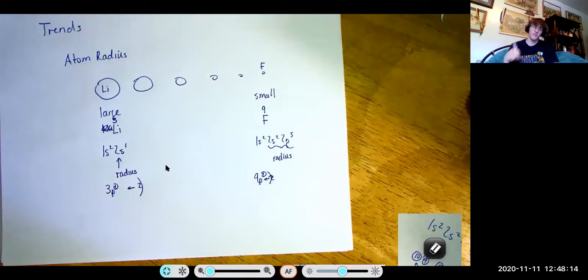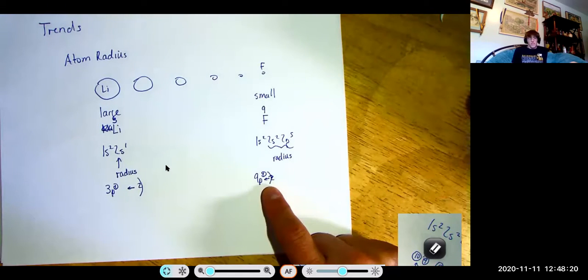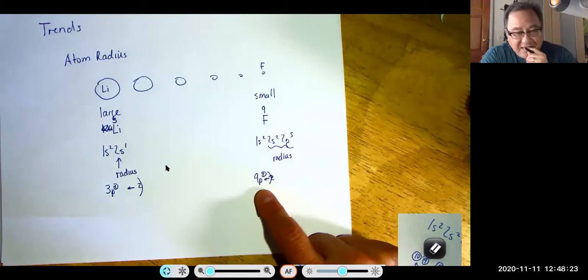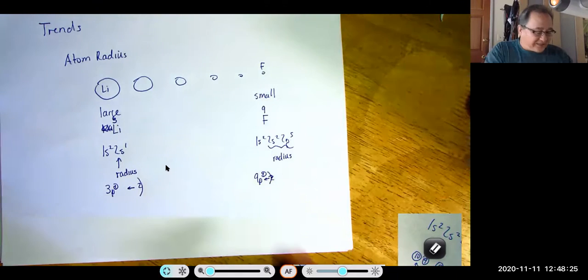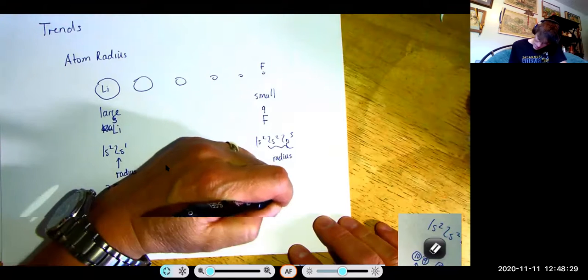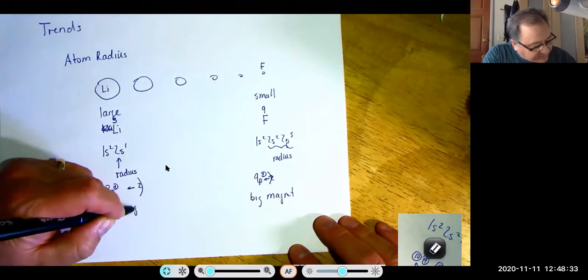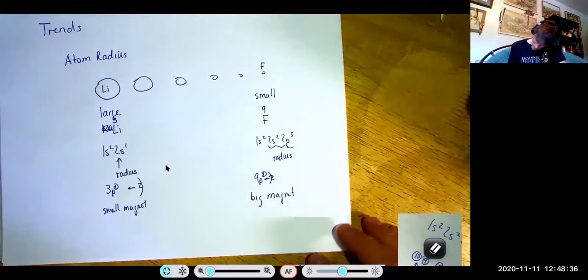Nope, 9 does a better job. Because it's 9 protons. This is like a big magnet. This is a small magnet. So who's going to do a better job of sucking those electrons in? It'd be 9 protons then.